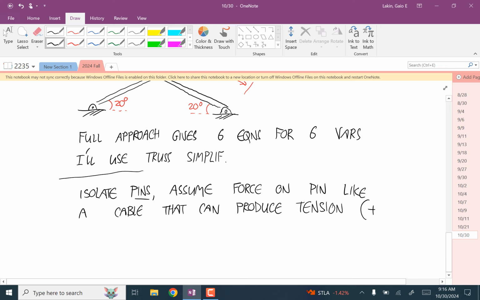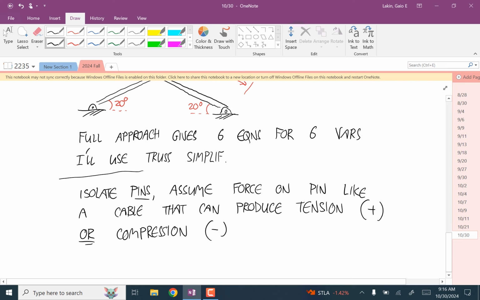That's if we get a positive value for this force, or compression. So cables can't do that. That's if this force comes out to be negative.